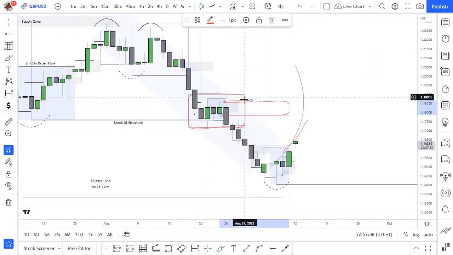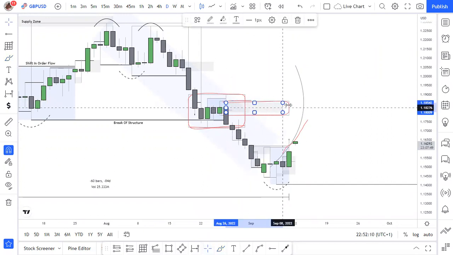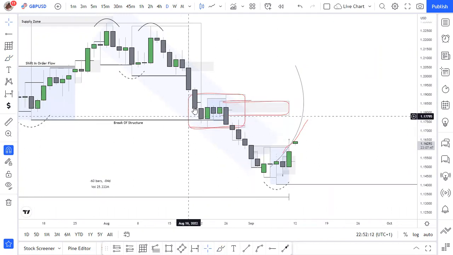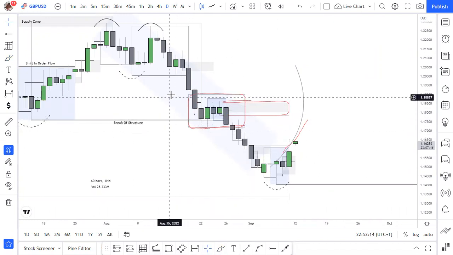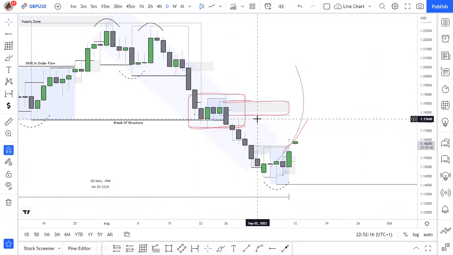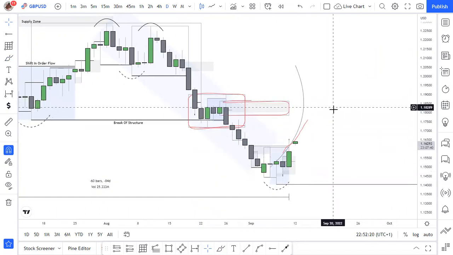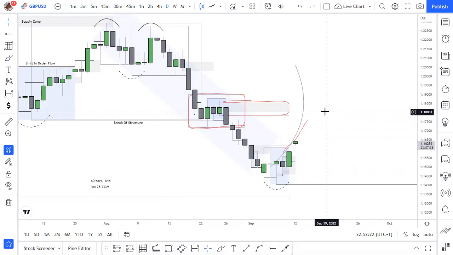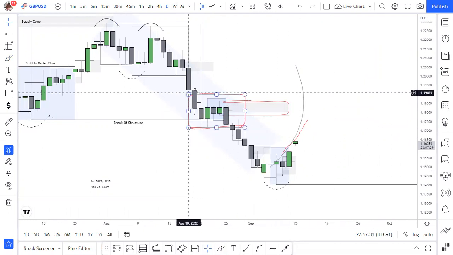I have a more refined zone within this one. This is just entirely this range. Then you can look for some kind of refinement or wait for some lower time frame alignment with the higher time frame, stuff like that. So this is the first zone we're looking at.